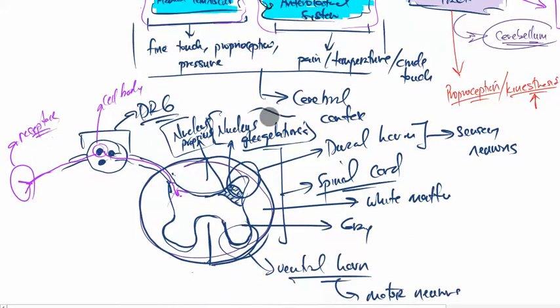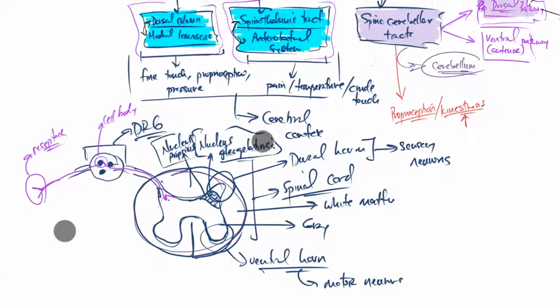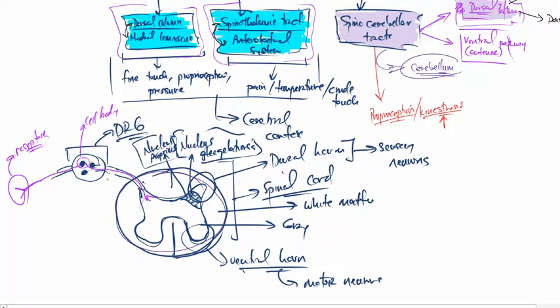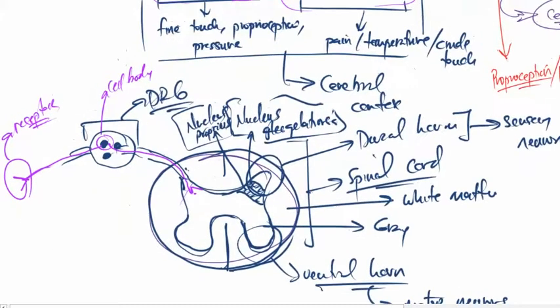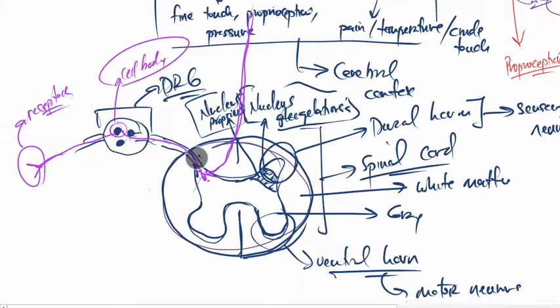For example, for the dorsal columns, the cell body would be in the dorsal root ganglion, and the axon wouldn't actually make any synapses. It would literally just travel up like so.